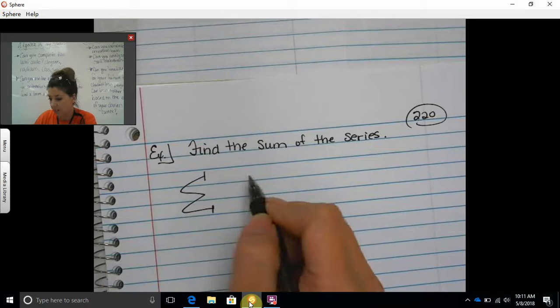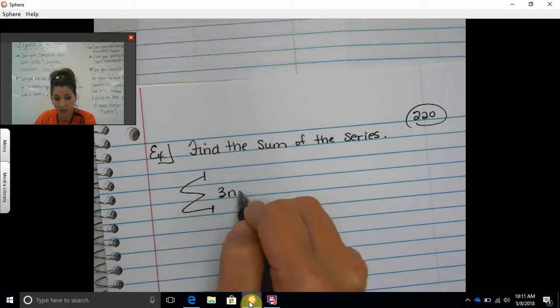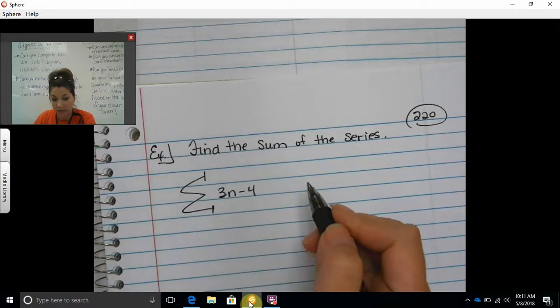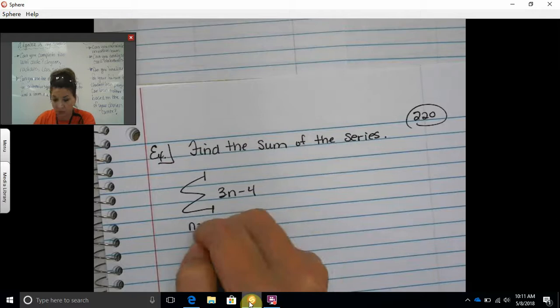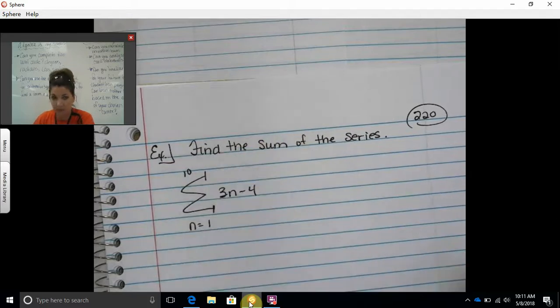The sum of 3n minus 4 for values of n from 1 to 10.